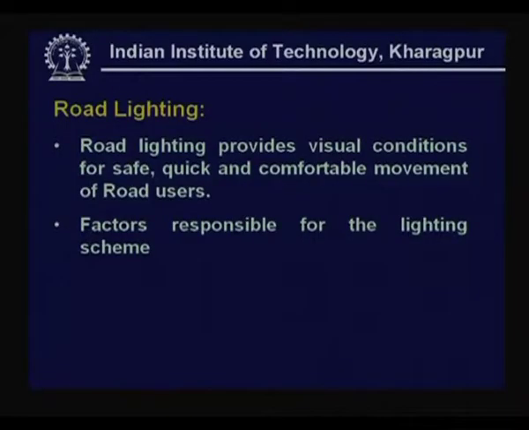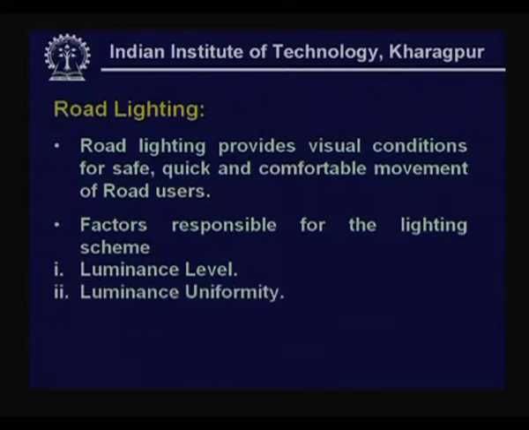And therefore, depending on the time of the day and the speed of the vehicular movement and the density, one has to provide the conditions so that you are able to recognize the obstacles. Therefore, the factors responsible for the lighting scheme are luminance level and luminance uniformity.